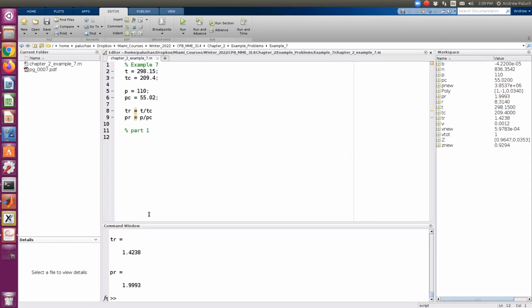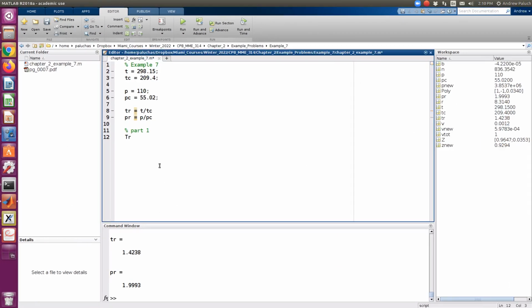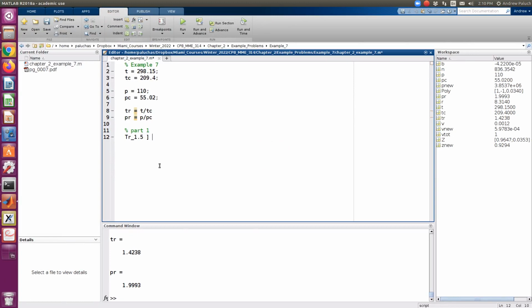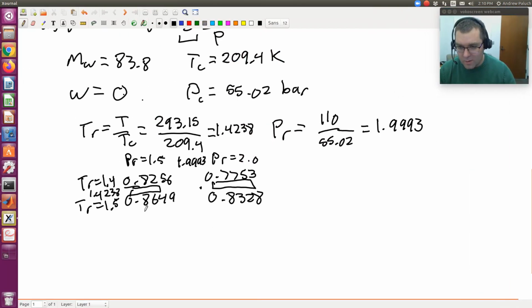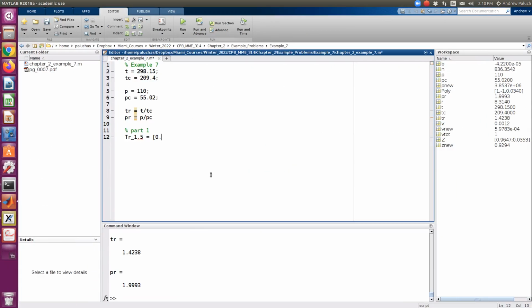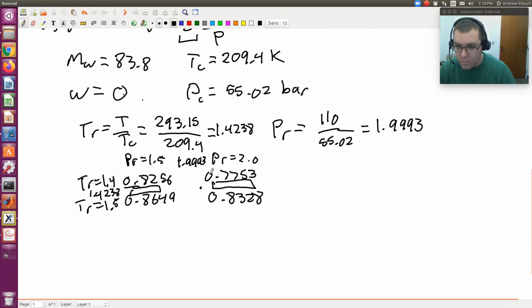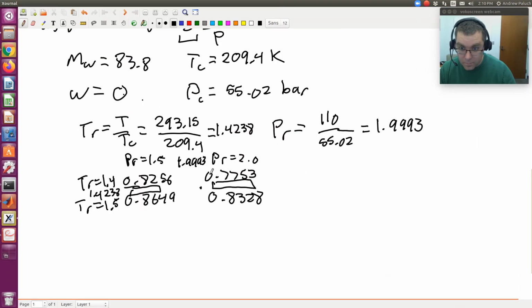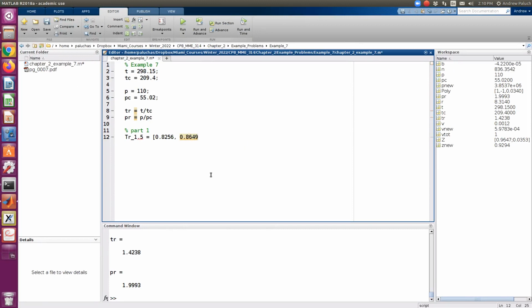So I'm going to create a vector, and so it's going to contain, I'm going to interpolate with respect to TR for a PR of 1.5. So I want this column. So 0.8256, 0.8649.